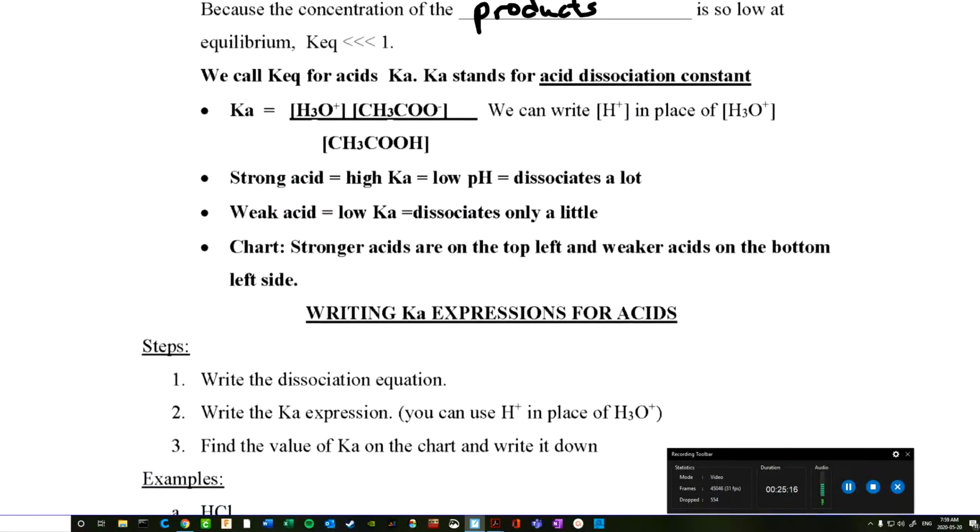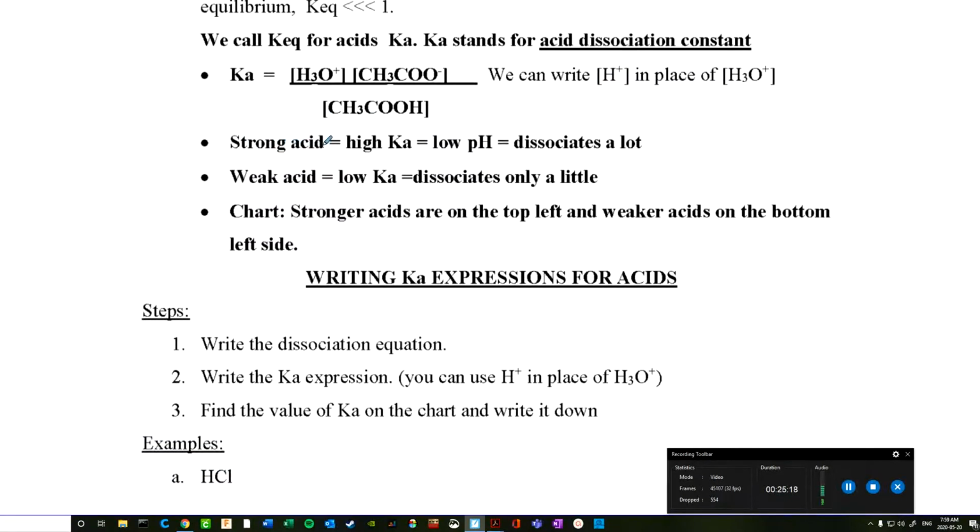Okay, so a strong acid would have a high Ka and a low pH, and it dissociates a lot. A weak acid has a low Ka value, dissociates only a little, and its pH would be higher. So on your Ka chart, stronger acids are on the top left and weaker acids on the bottom left.